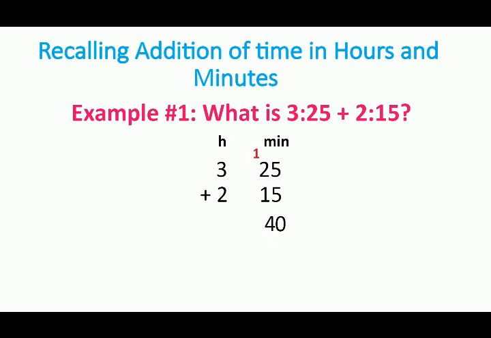So we write a 0 here and we carry the 1. Then we do 2 plus 1, 3. And when we add the carry, it becomes 4. So now you have 40 minutes. And the hours are left to be added. So 3 plus 2 is 5. So your answer is 5 hours and 40 minutes.